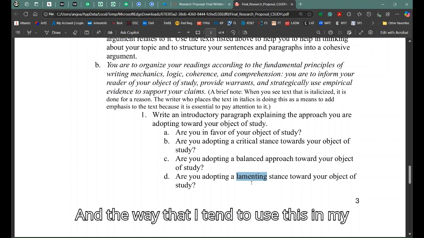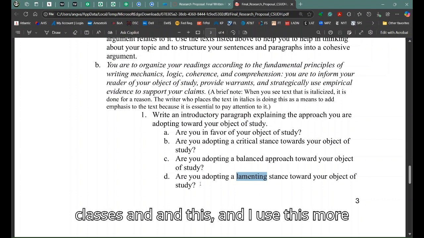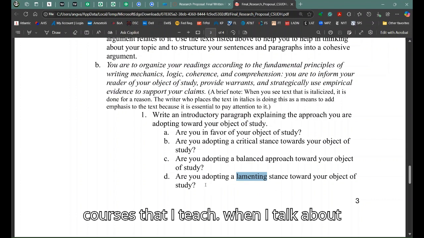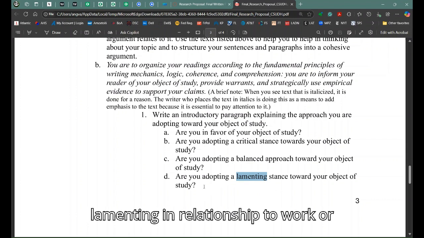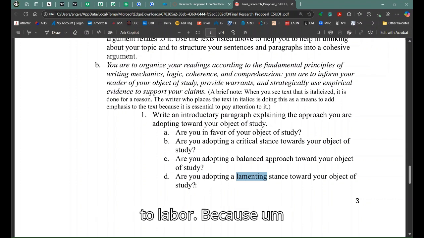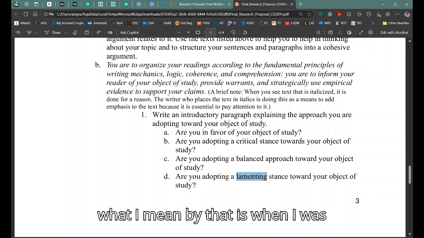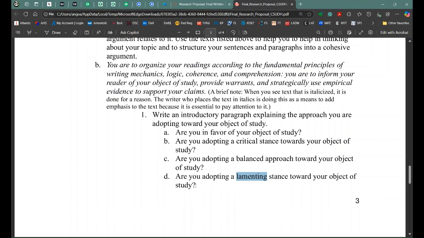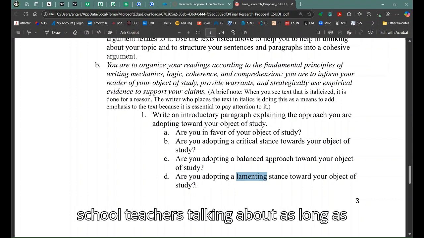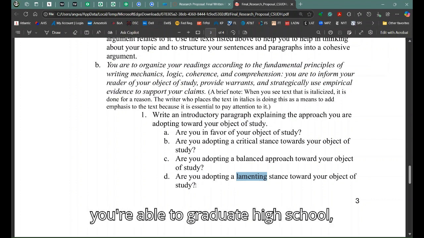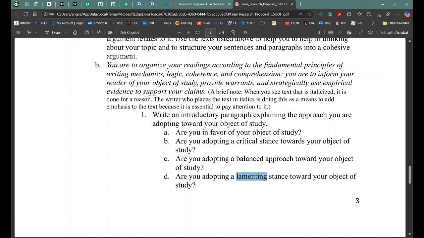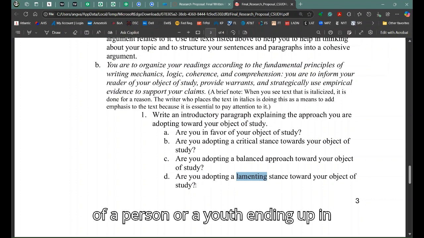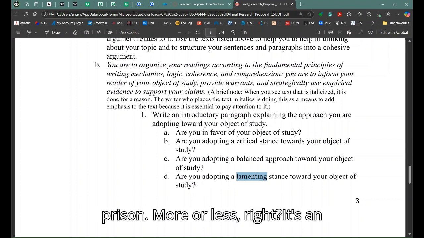And the way that I tend to use this in my classes, more specifically in the globalization courses that I teach, is when I talk about lamenting in relationship to work or to labor. Because when I was growing up, I remember my junior high school teachers and my high school teachers talking about how as long as you're able to graduate high school, it actually reduces the possibility of a person or a youth ending up in prison, more or less.